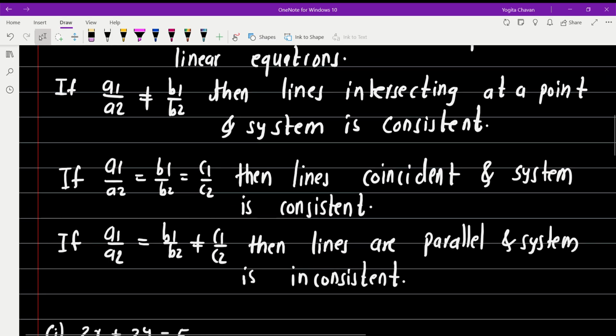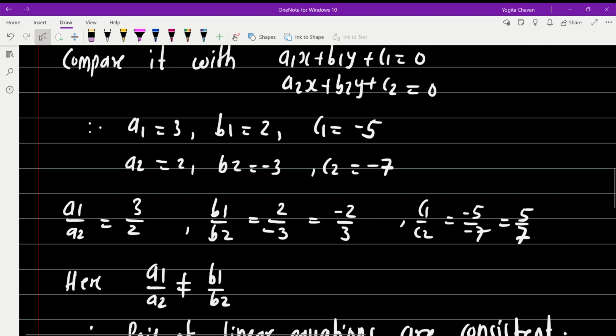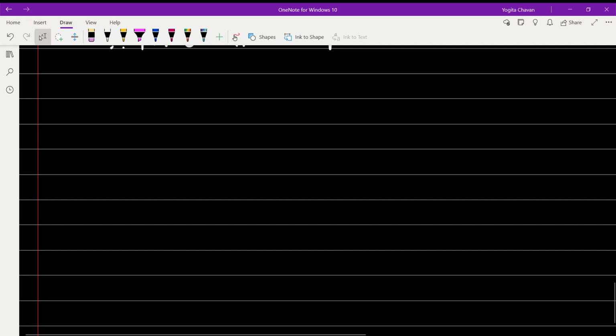थर्ड केस में हमने देखा था if a1 upon a2 is equal to b1 upon b2 and is not equal to c1 upon c2, then lines are parallel and system is inconsistent. Okay. Now number 3. What is 3?